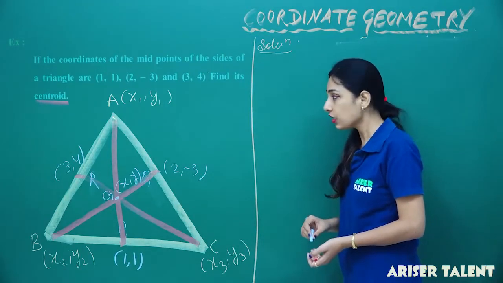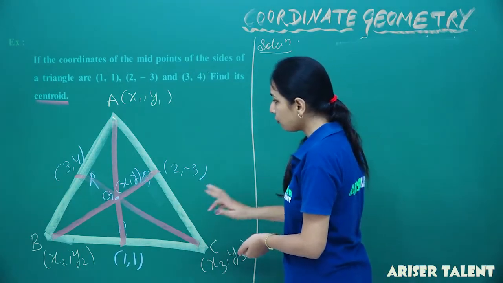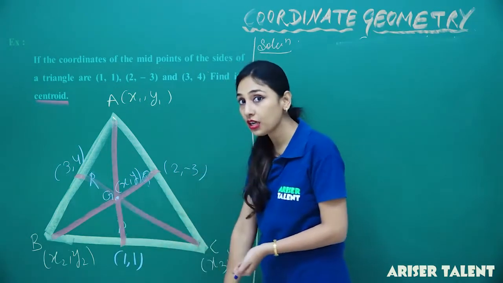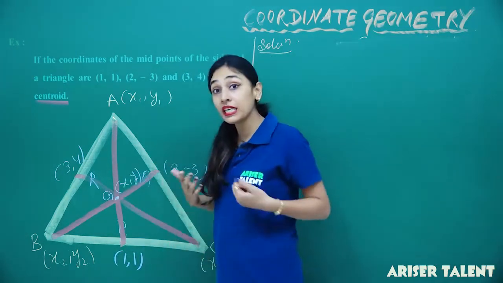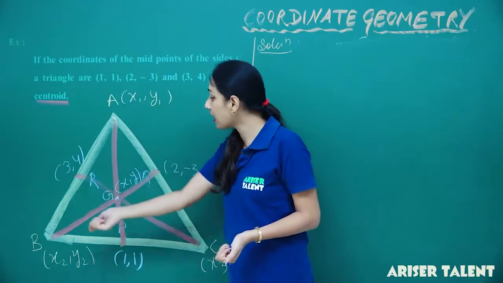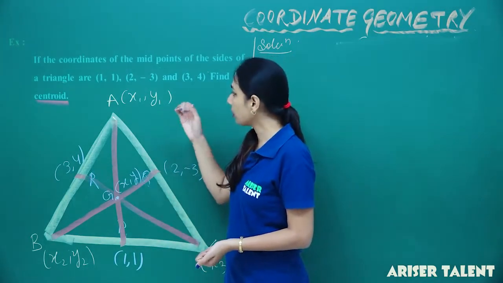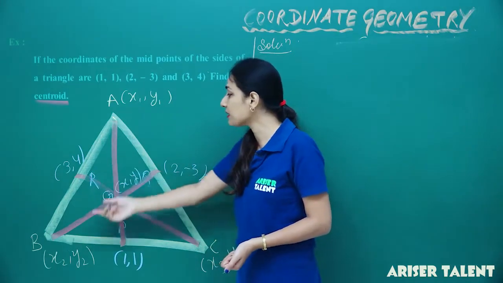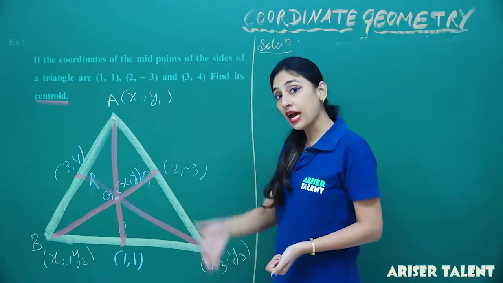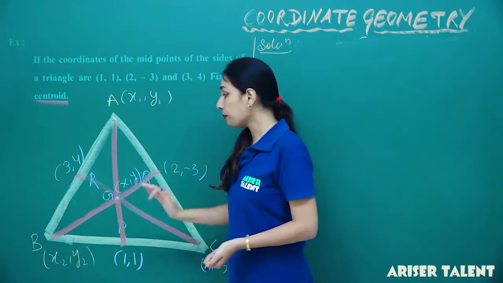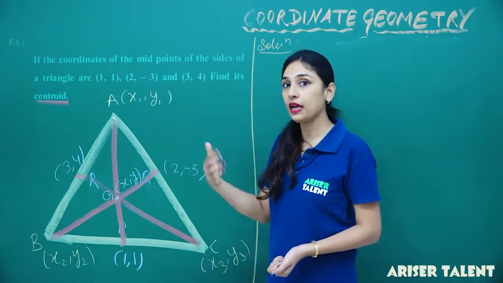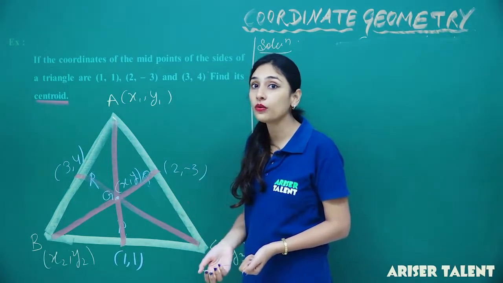So guys, I have to find the centroid G. I am provided with these, but the formula is (x1 plus x2 plus x3) by 3 and (y1 plus y2 plus y3) by 3 for the abscissa and the ordinate. Now what should I do?